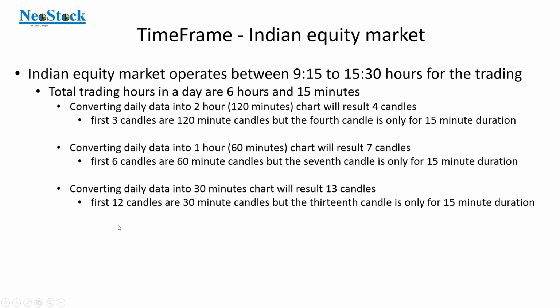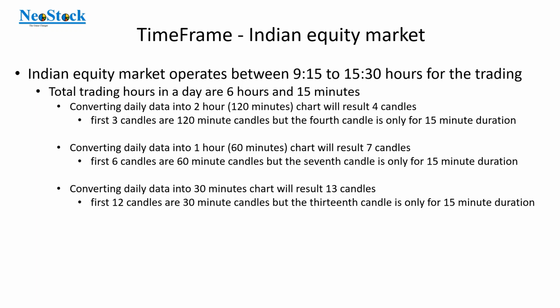And what about the other time frames, 15 minutes and 5 minutes? We don't have any issues, because for the 15 minutes time frame, the last 30 minutes is again divided into 15 and 15, so we get two more candles. For 5 minutes, we divide 30 by 5 and get 5 more 5 minutes candles.